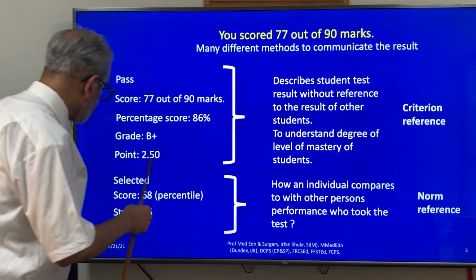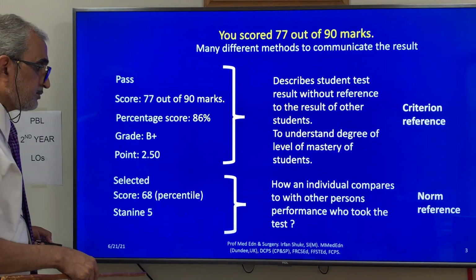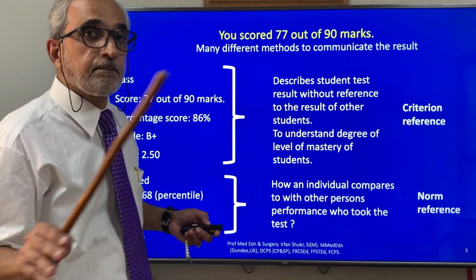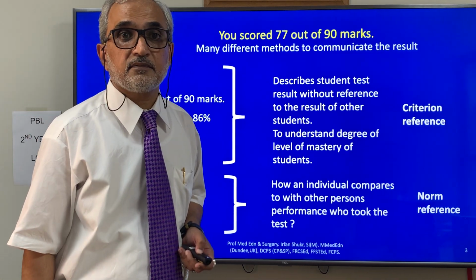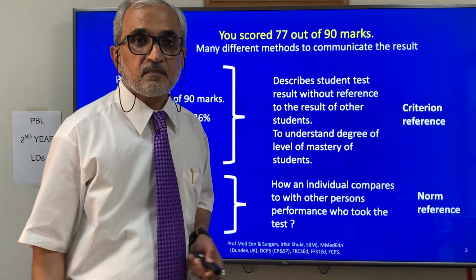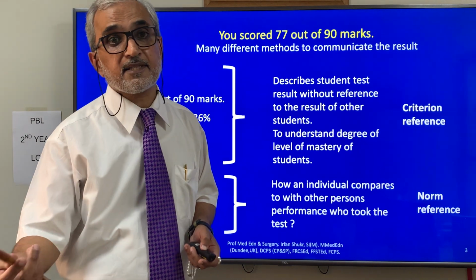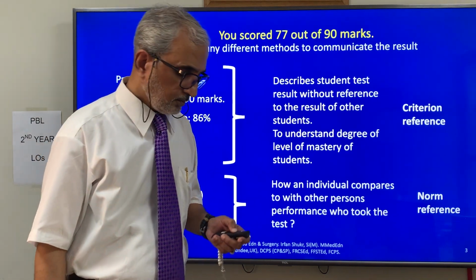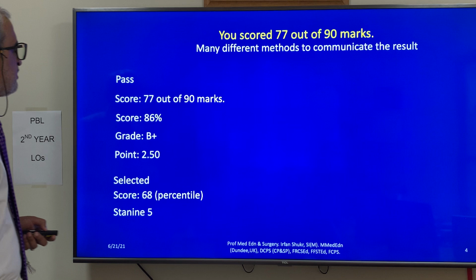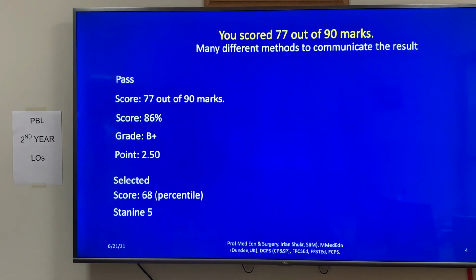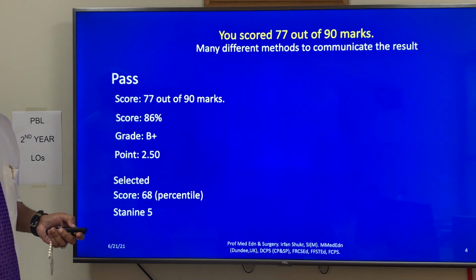Whereas in the norm referenced case, irrespective of what score a person has, there will be some scoring less, some scoring more. So let's understand that. Pass is simple: either you pass or fail.